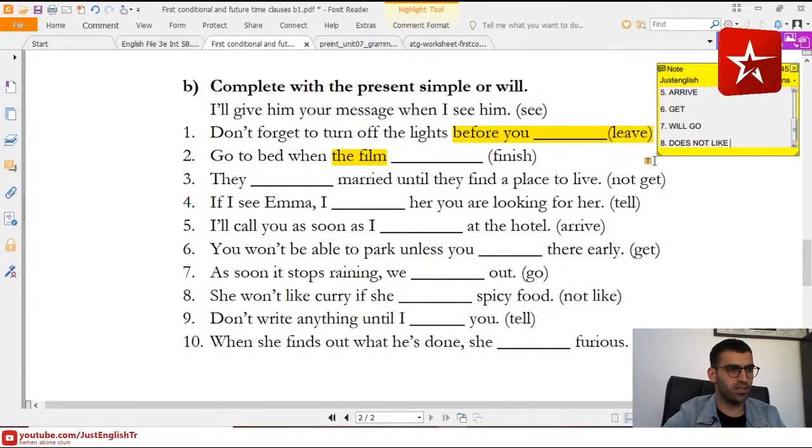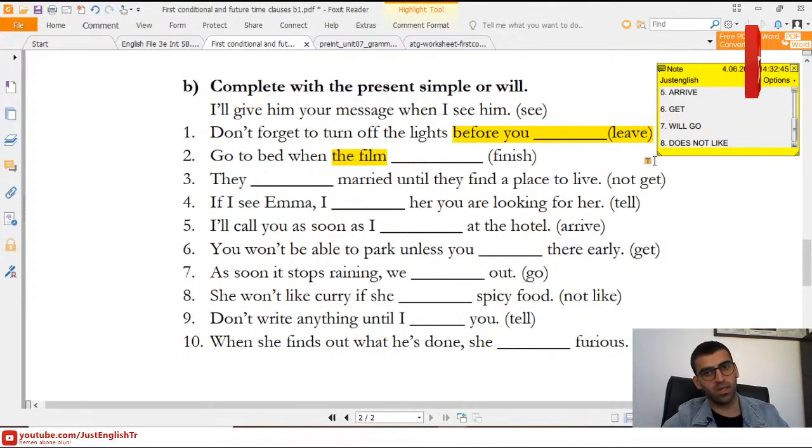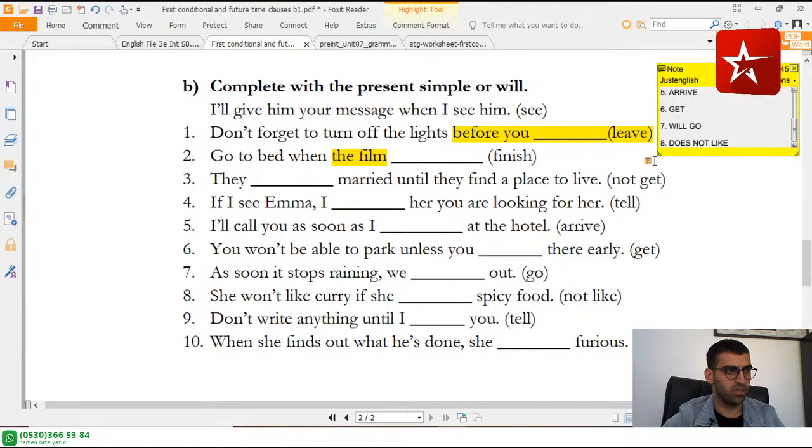And last 2 sentences, number 9 and number 10. Don't write anything until I blah blah blah you. So what is the correct answer for number 9?